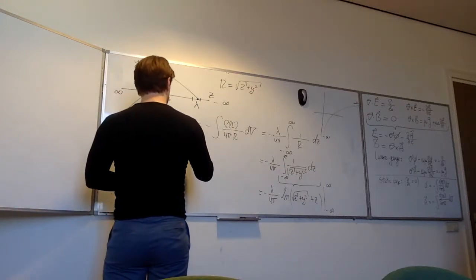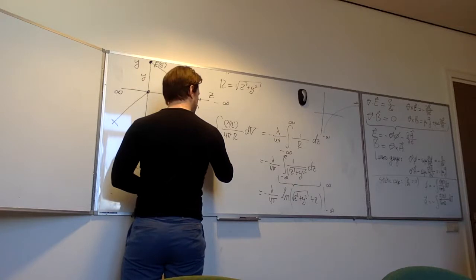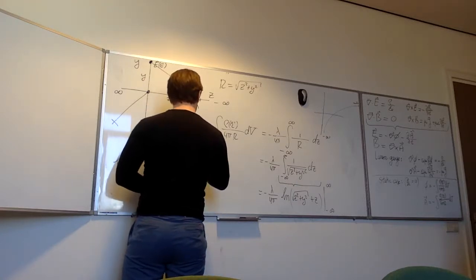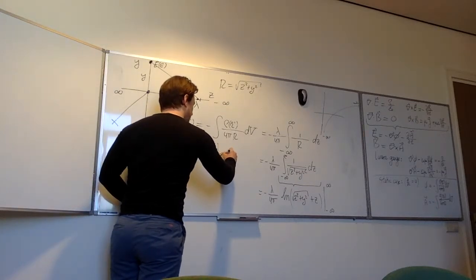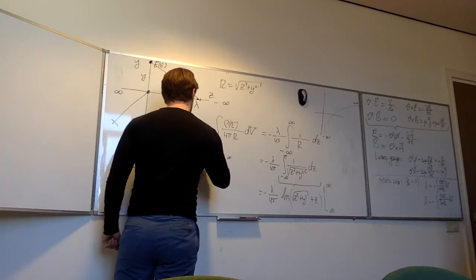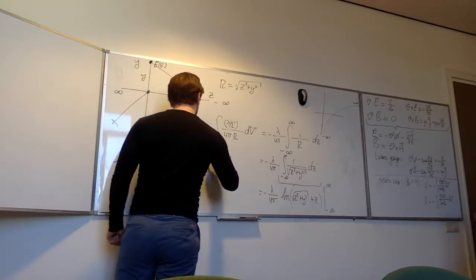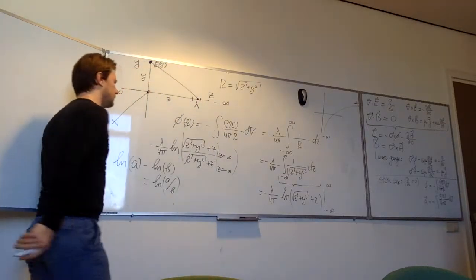So I would get the logarithm of z plus the square root of y squared plus z squared, where all these z's have to be infinity, divided by z plus the square root of y squared plus z squared, where these z's have to be minus infinity. Agreed?